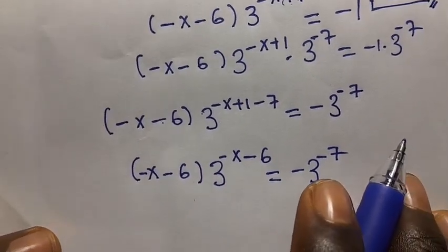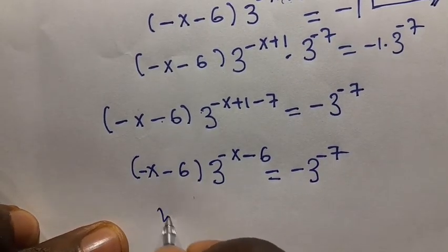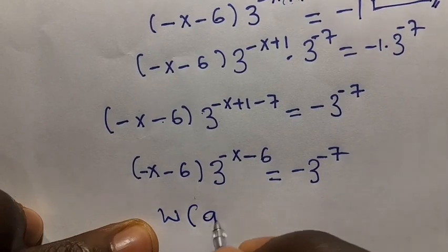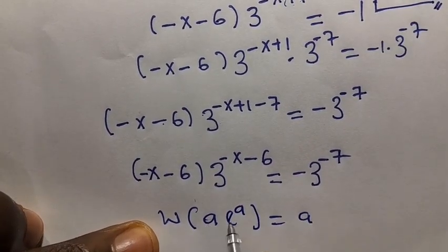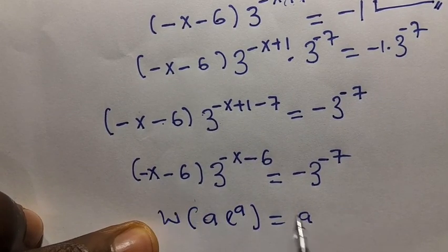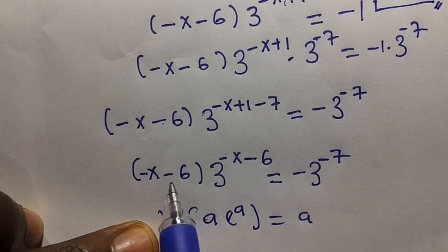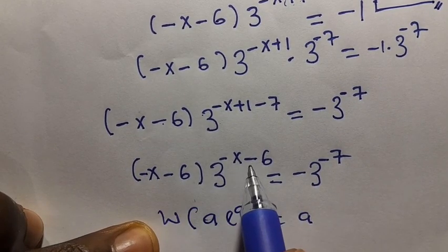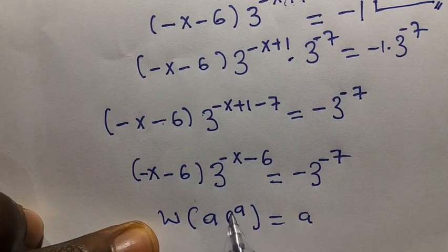And likewise as well, to apply the Lambert W function, we have W of a exponential a equals a. We have the same base, x minus 6, x minus 6, the base is the same as the power. Now, the next thing is we need to introduce exponential.